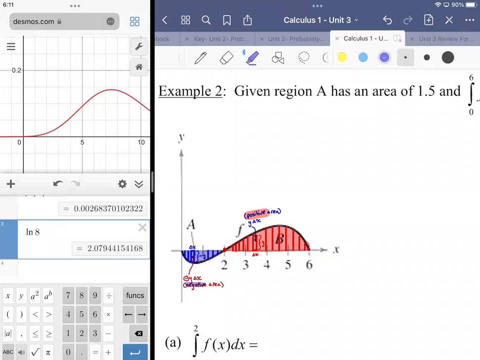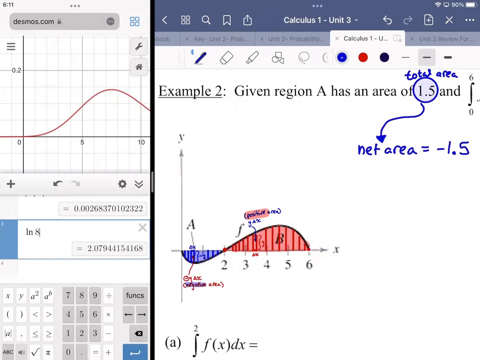But because it's below the x-axis, what we get from this is that this total area over that interval would correspond to a net area of negative 1.5. The negative being because it's below the x-axis.